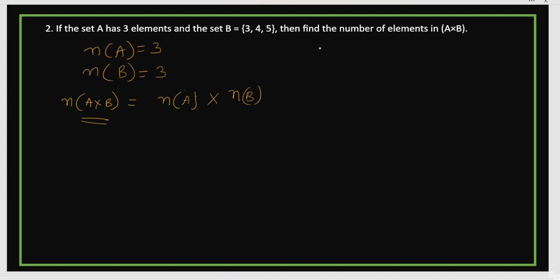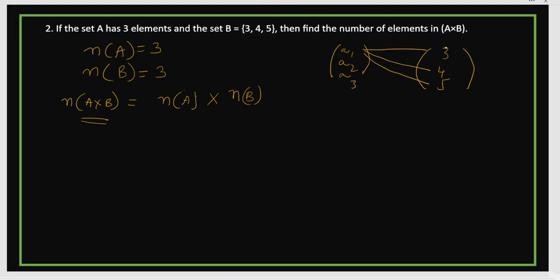So this is set A, having 3 elements, A1, A2, A3, and this is another set, 3, 4, 5. Here, two sets are making ordered pairs. We'll go with each and every element.